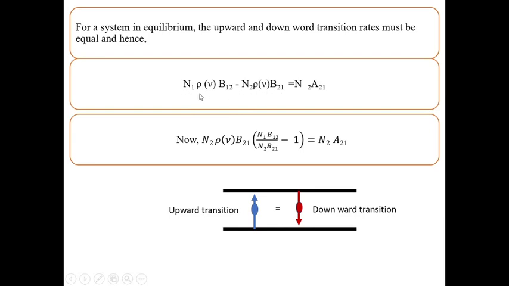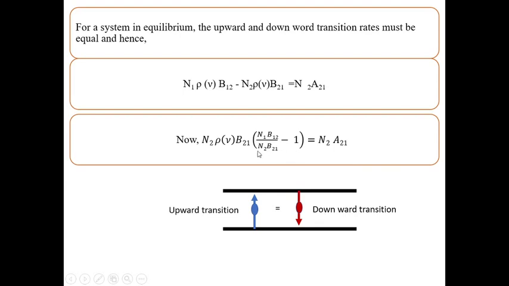Then what remains is N1 B12 divided by N2 B21, with rho of nu common and written outside. So N2 rho of nu B21 is taken common, and in this place we are getting minus 1, equals N2 A21. This is the upward transition equals downward transition equation.